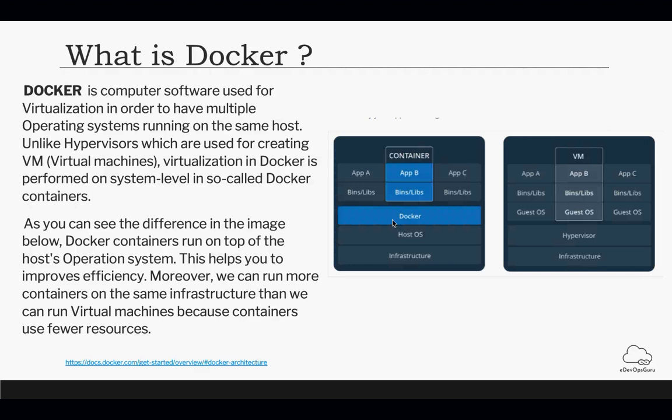We can run more containers on the same infrastructure than virtual machines, because that heavyweight operating system is now gone, or basically it is abstracted by the Docker layer itself. I hope the definition of Docker is clear, and how it differs from traditional virtualization or virtual machines.